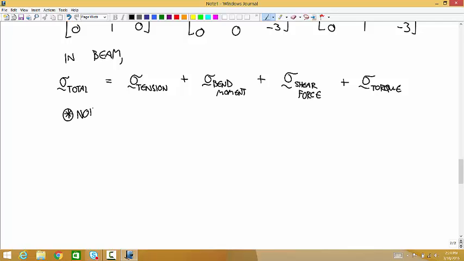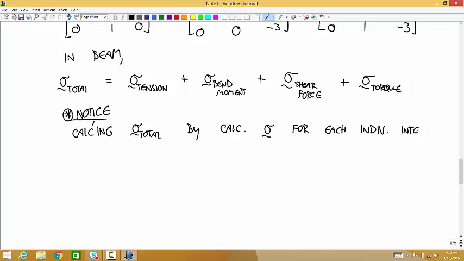One thing to keep in mind, notice that this ability to calculate the total stress by calculating the stress for each individual internal load and adding is only possible because we're dealing with small deformations.